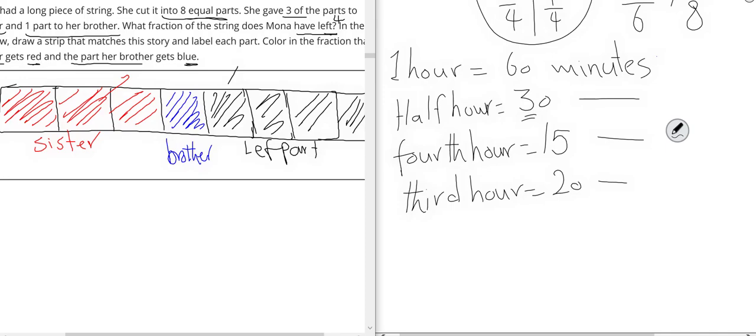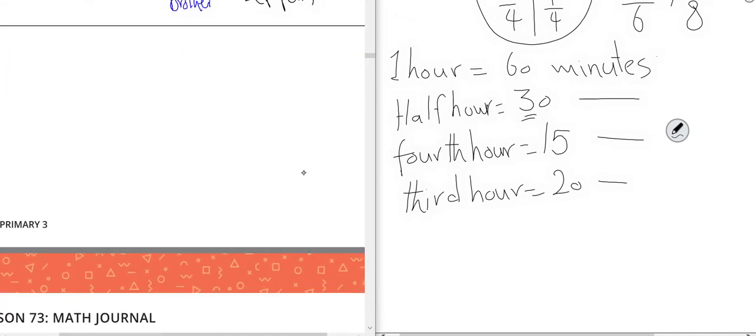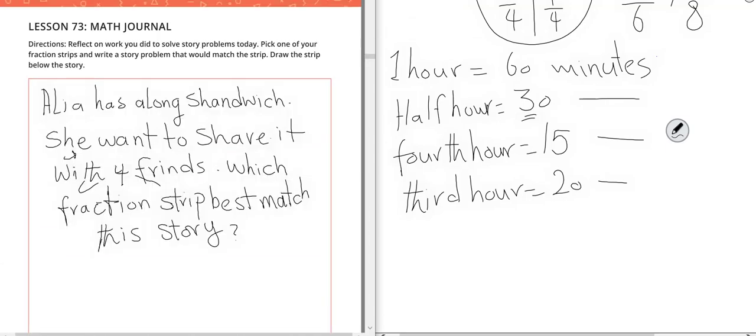Turn to your page, math journal. Reflect on the work you did to solve story problems today. Pick one of your fraction strips and write a story problem that would match the strip.